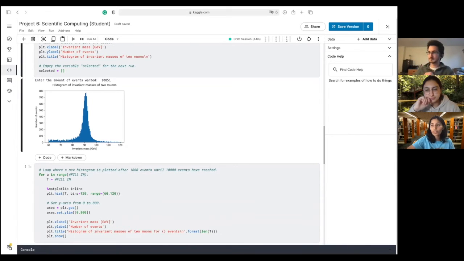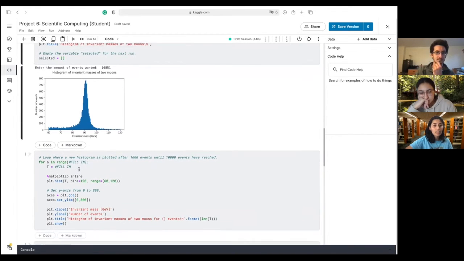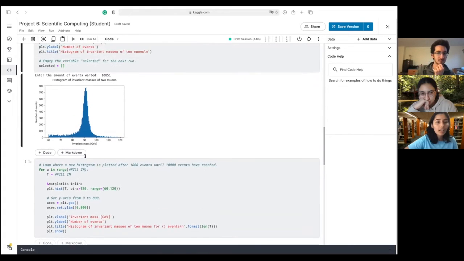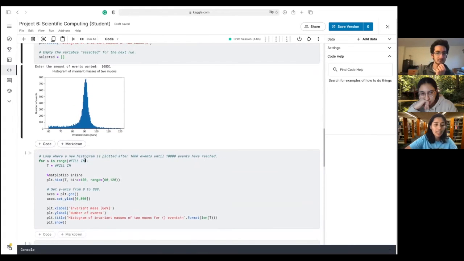So I'll go to the next section. Here, you visualize how the invariant mass histogram changes with the number of events. This plot will be more intuitive and clear to us now.